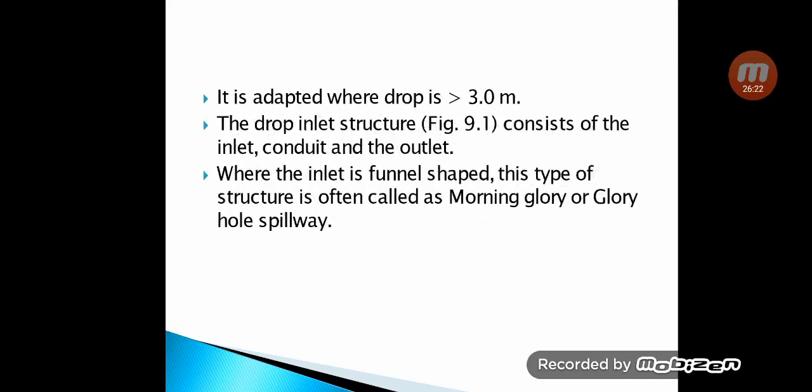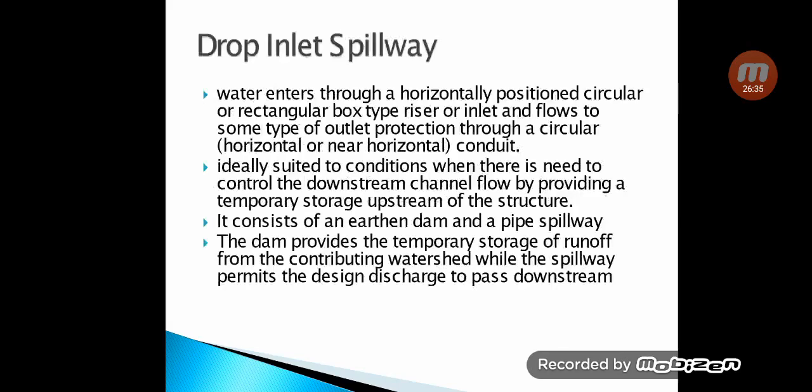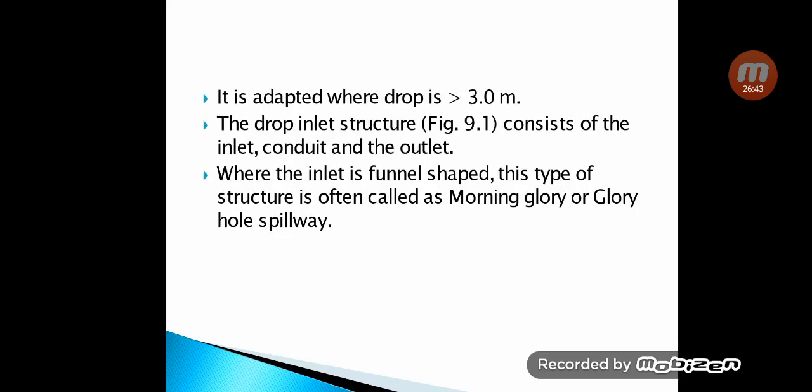If the water discharge is higher, then it will flow through this way to the outlet. That's how the erosive activity is prevented. So it consists of an earthen dam and a pipe spillway. So these are the components.